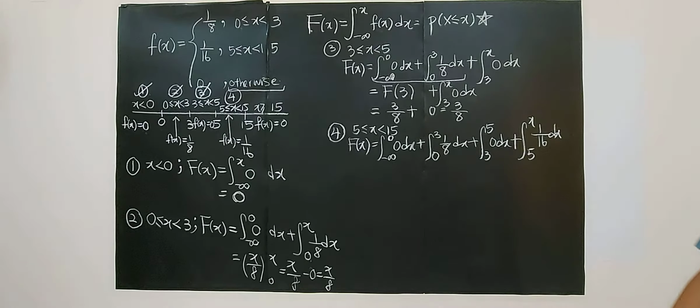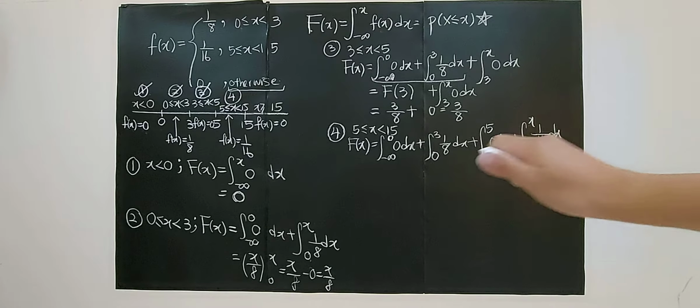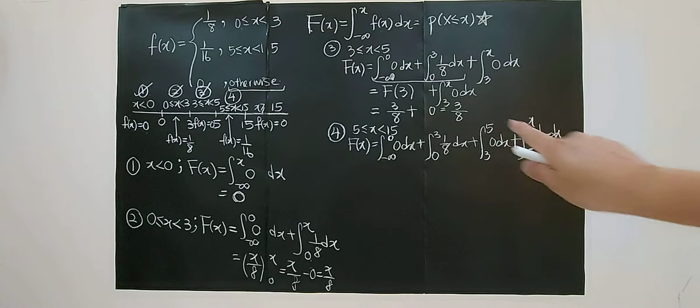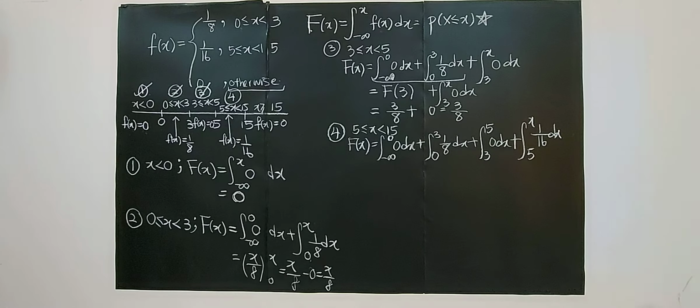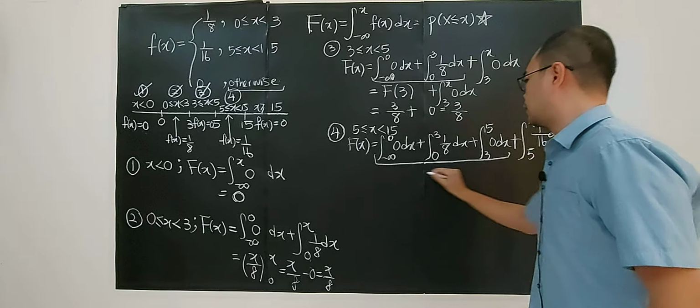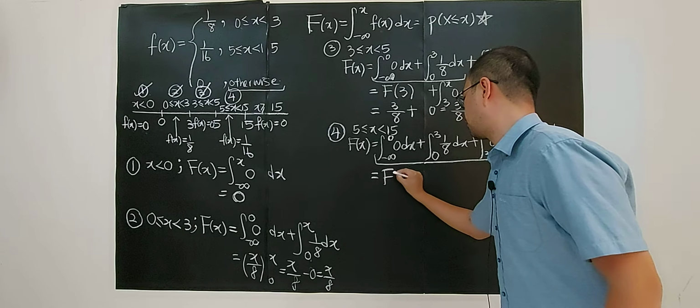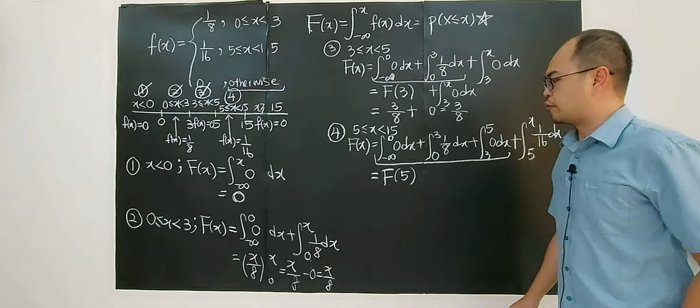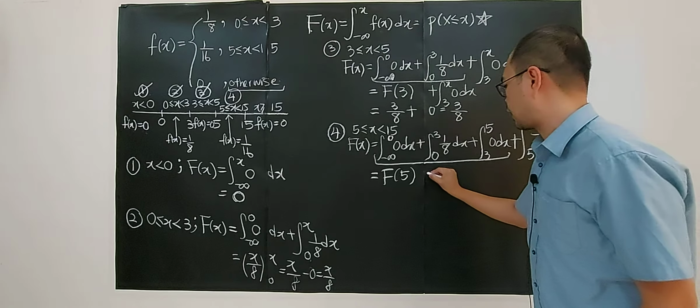All right, now you see, for the first 3, 1, 2, 3, I can rewrite this as the cumulative before 5, right? The probability accumulated before 5.